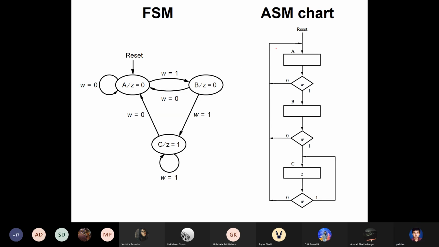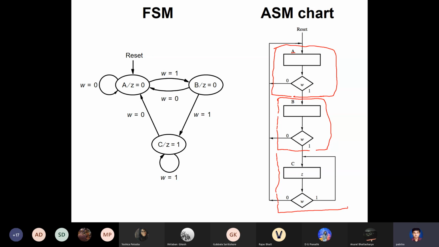So this is my first ASM block, corresponding to state A. This is my second ASM block, corresponding to state B. And this is my third ASM block, state C. Very simple. You just map one state to one block.